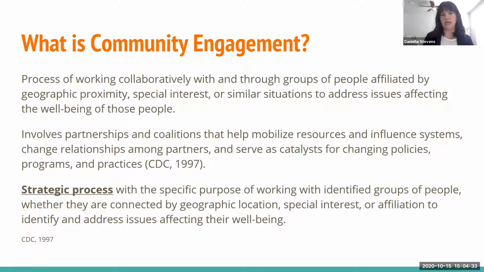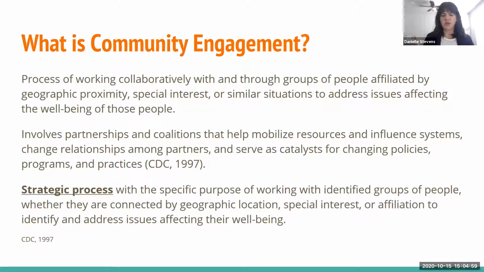And through community engagement, we can bring people together who form a community, whether it's based on geographic proximity, special interest groups, or people in similar situations. We can bring all those people together so we can have a robust body that can address issues in the community and impact change on the well-being of community residents.